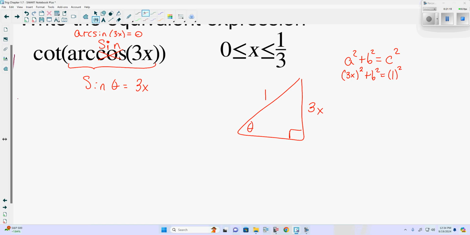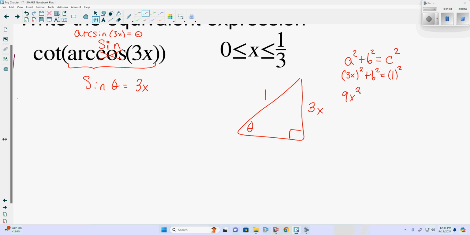Now we'll do the exact same thing. Now if it gave us, say, 3x over 4, opposite side would be 3x. The hypotenuse would be 4, opposite over the hypotenuse. We could set it up that way too, if it was 3x over 4.